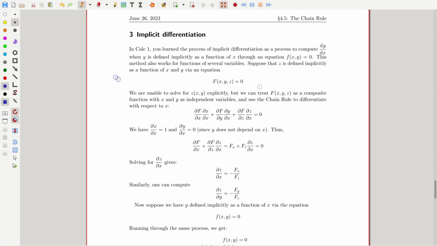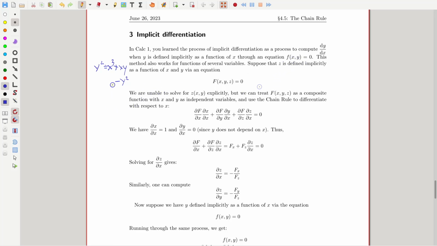So I don't know. What's an example? Maybe x cubed, y squared is equal to x cubed plus x, y. Something like that would be an example.